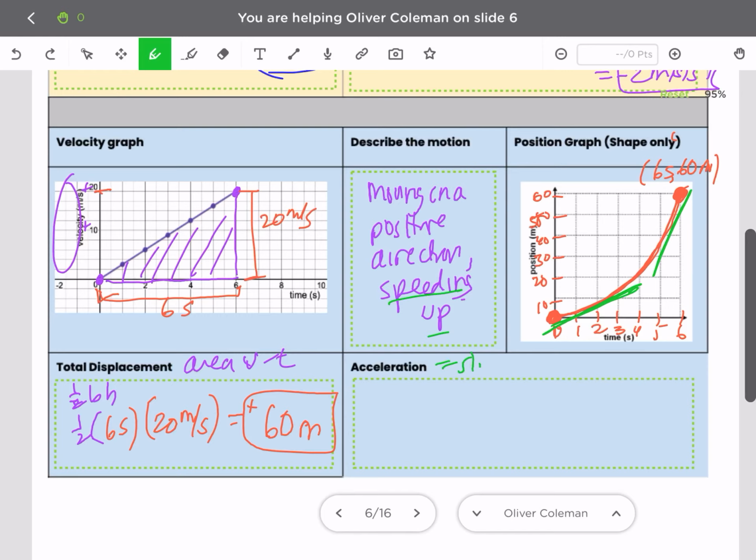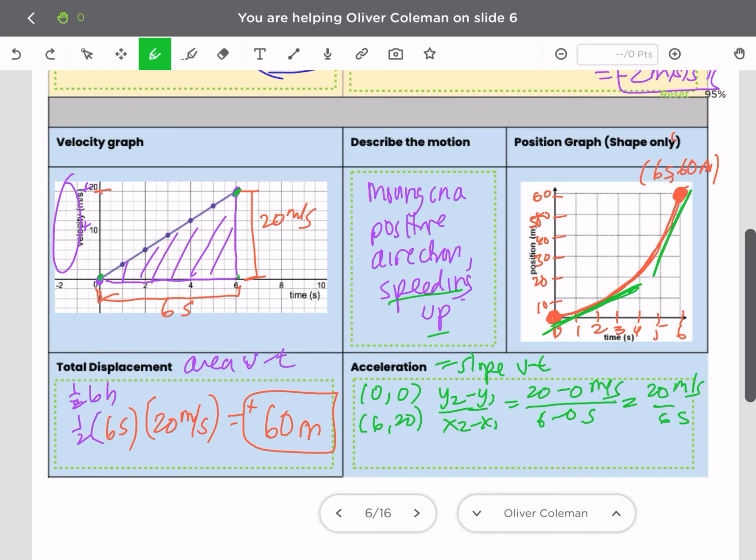The acceleration is going to be the slope of the velocity graph. So I'm going to have my points (0, 0) and (6, 20). If I simply find my slope, 20 minus 0 meters per second, because those are my velocities on the y, over 6 minus 0 seconds, that's 20 over 6, which is about 3.3. So a positive 3.3 meters per second squared.